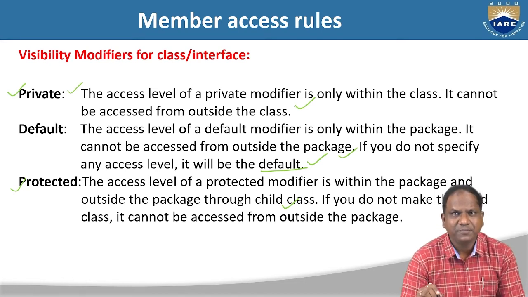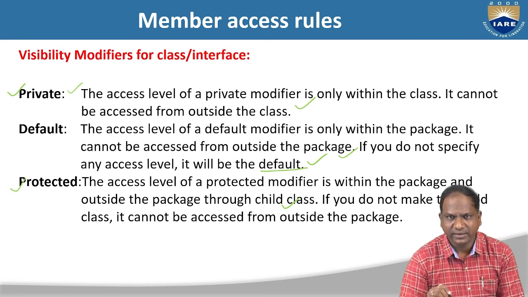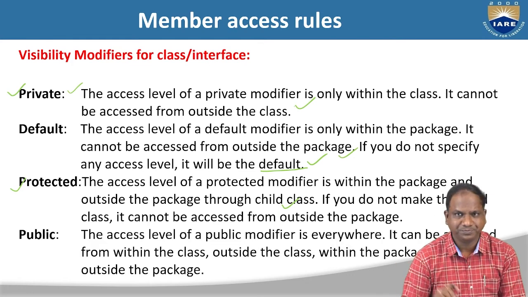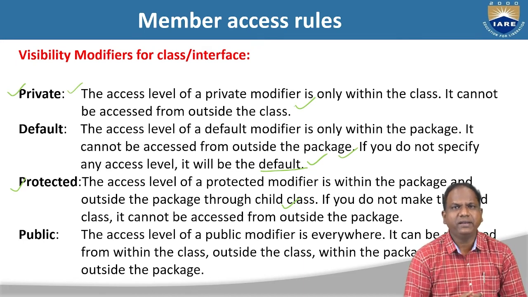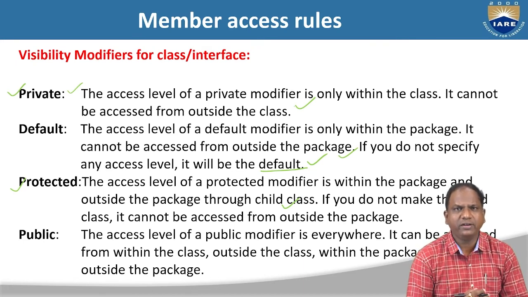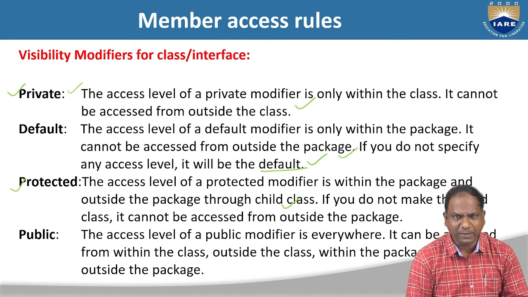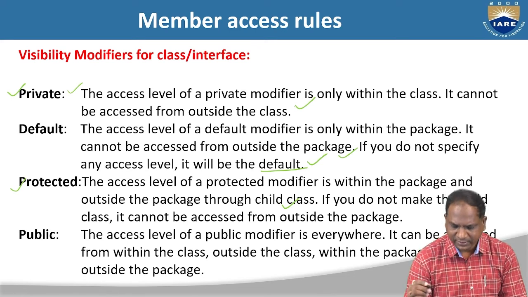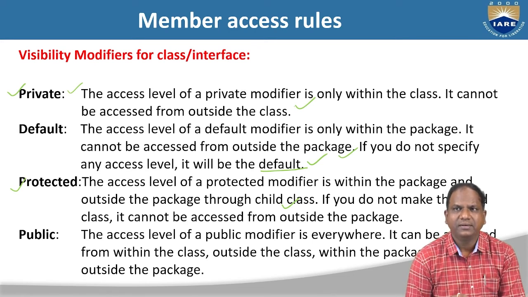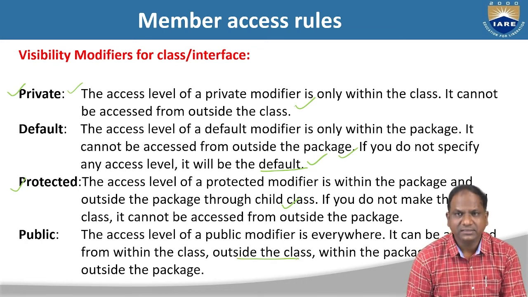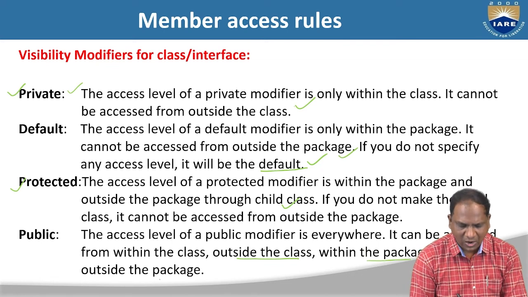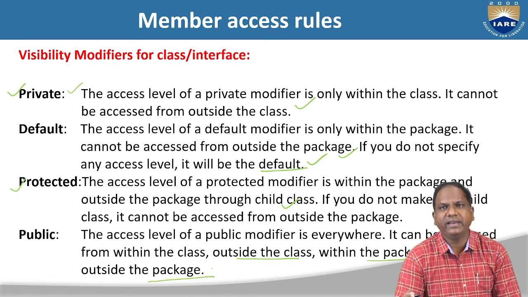So the final access modifier is public. Whenever you specify your members as public, they can be accessed anywhere: within the class, outside the class, within a package, outside the package, anywhere you can use.